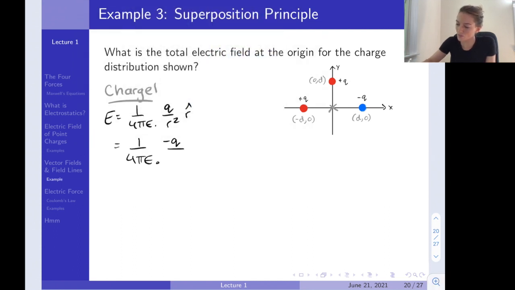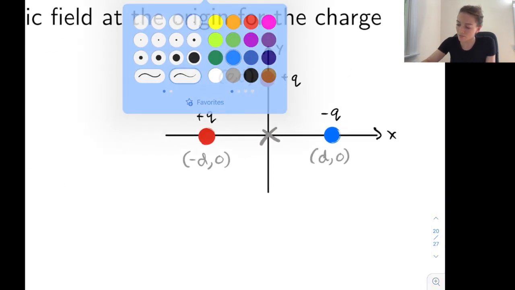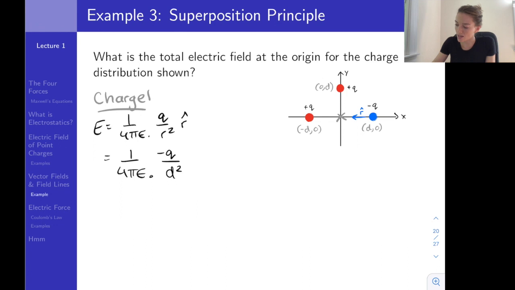This charge is located at (d, 0), so the distance from this charge to the origin is just d, so we plug in d squared. And then the r hat vector. r hat goes from our point charge to the location where we are measuring the field. So that is in this direction, which is the negative x hat direction in this case.